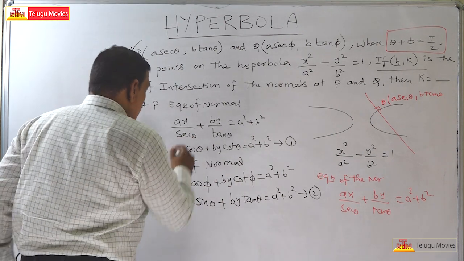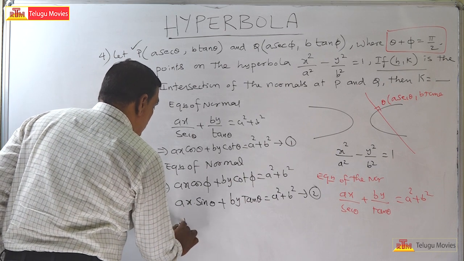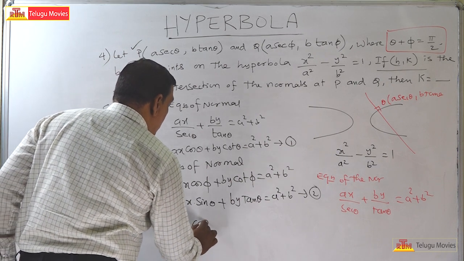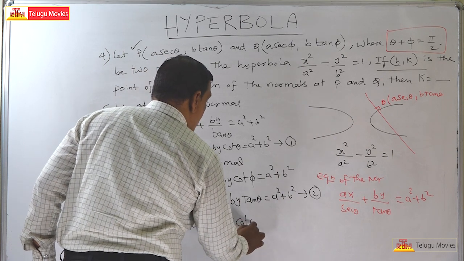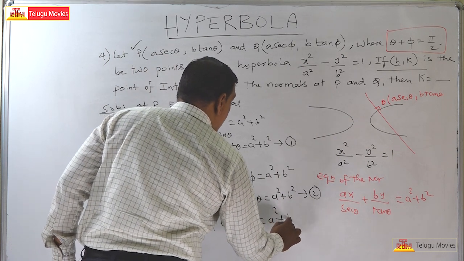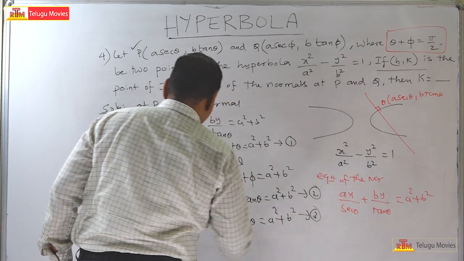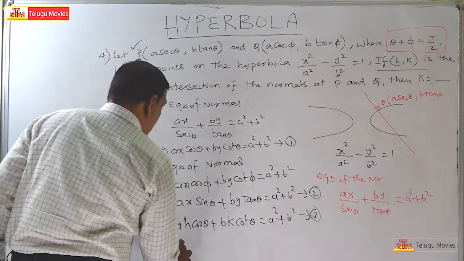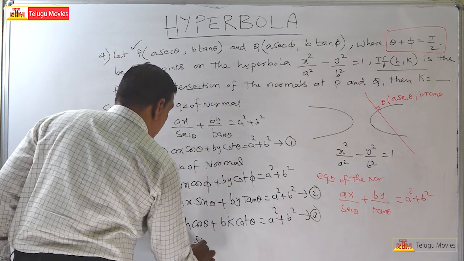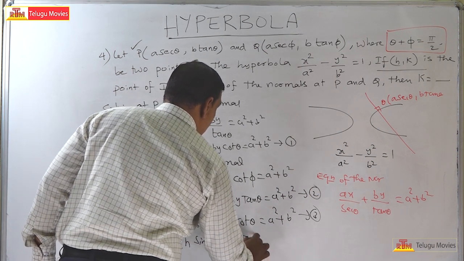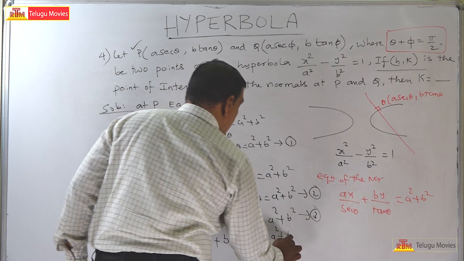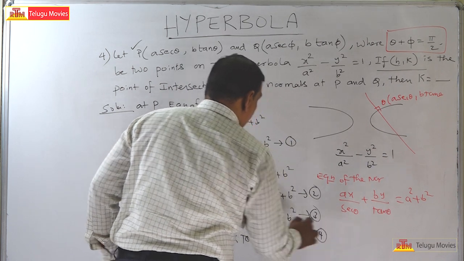Therefore your new equations become ah cos theta plus bk cot theta is equal to a square plus b square, call it as third equation. The next equation is ah sin theta plus bk cot theta is equal to a square plus b square, call it as fourth equation.